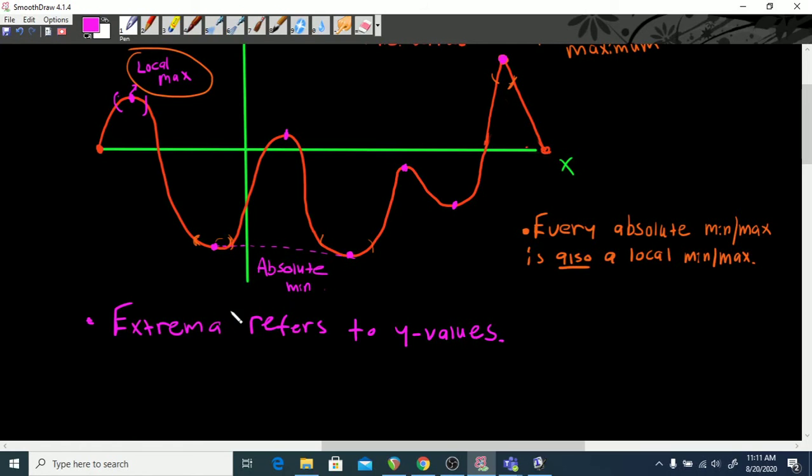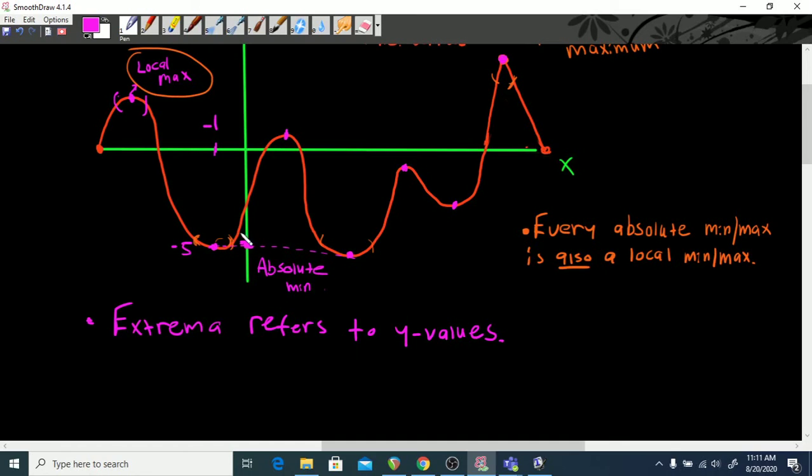So, when I was first learning this stuff, let me put some numbers here. Let's say this is x equal -1, and let's say that this y value down here is -5. The y value is -5.